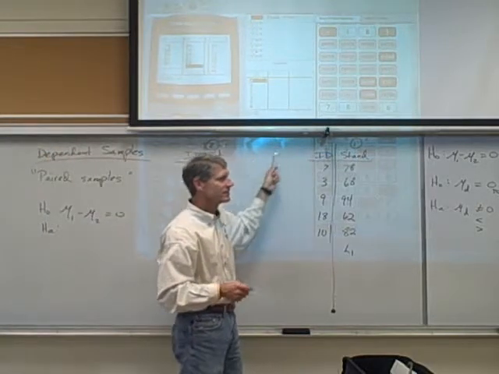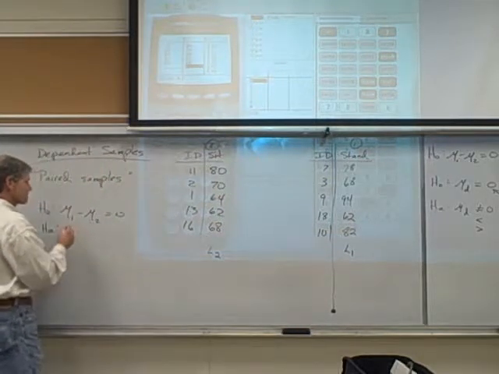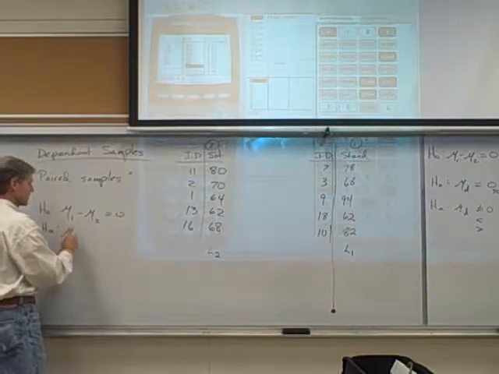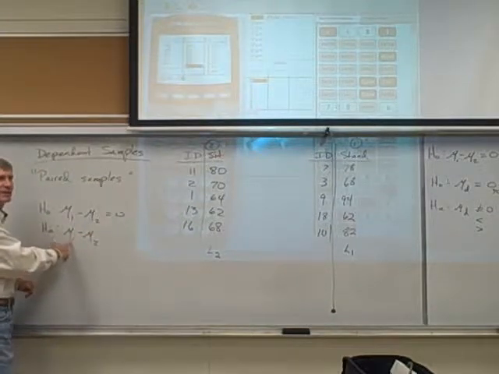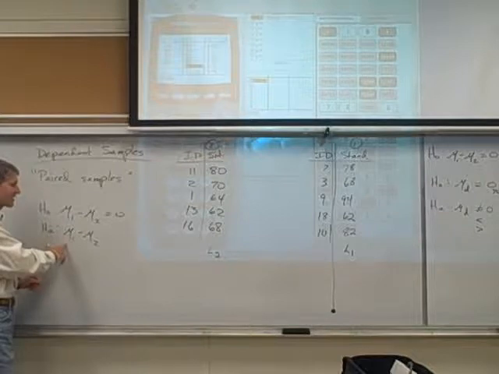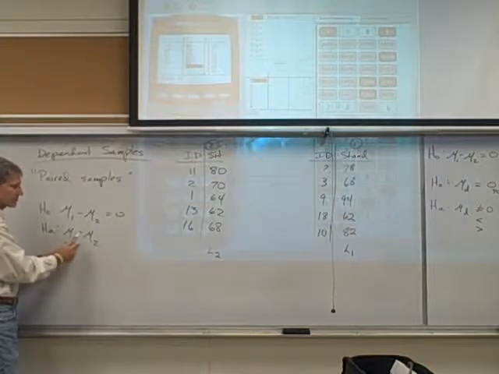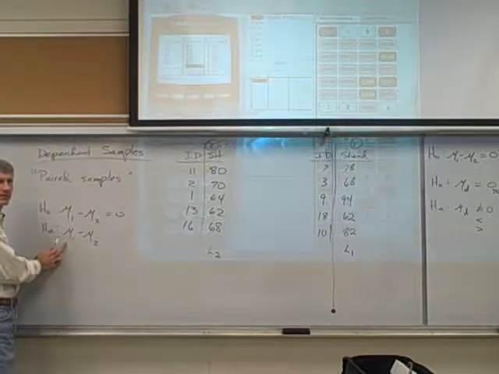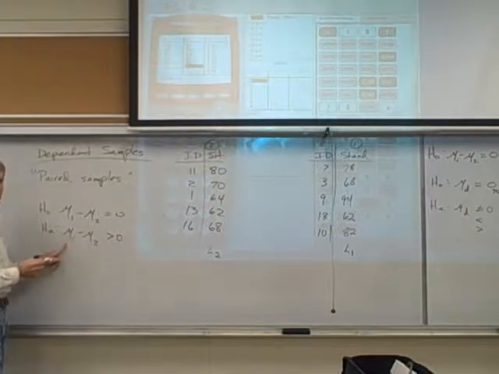So what about the difference? If mu1 is greater than mu2, what kind of values would I expect to get when I subtract? Positive. And positive are greater than 0, right?